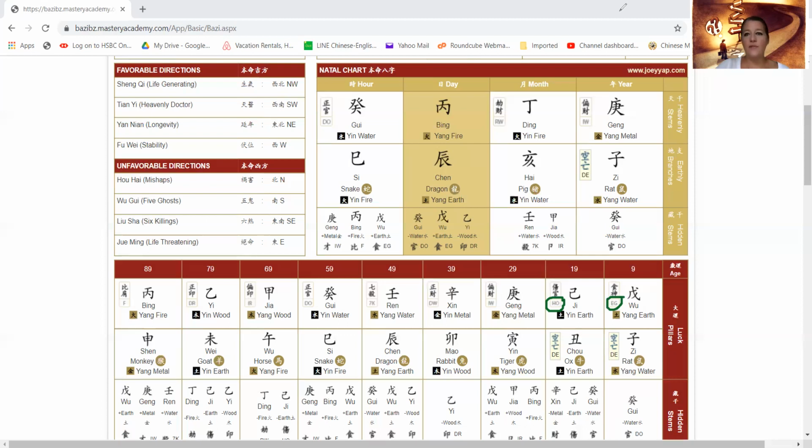Then we have the influence element, which would be the 7 killings, 7K, or direct officer, DO. So if you are going through one of those luck pillars, then your lesson in life is to remove limiting beliefs, remove limitations from your life.